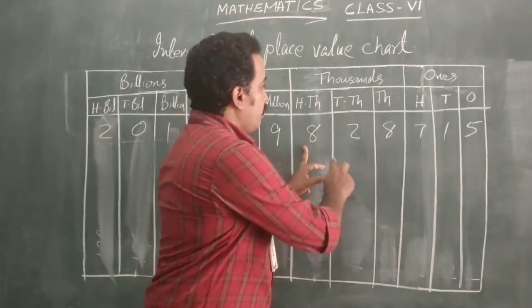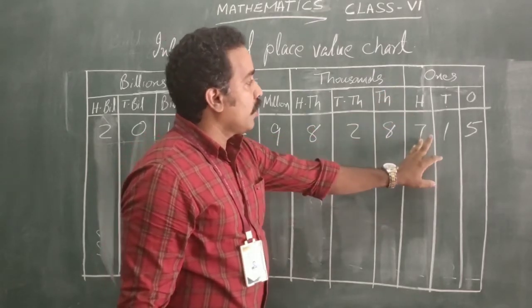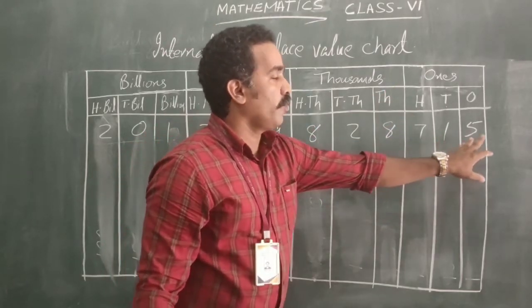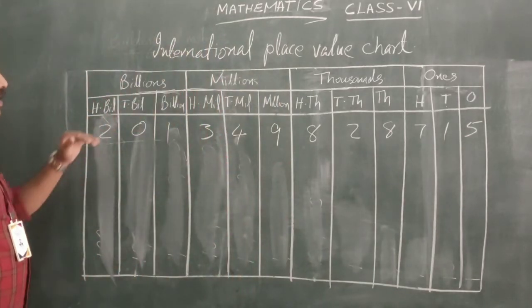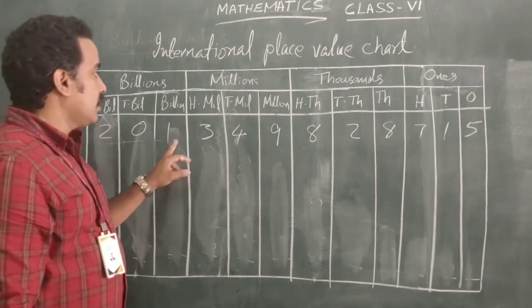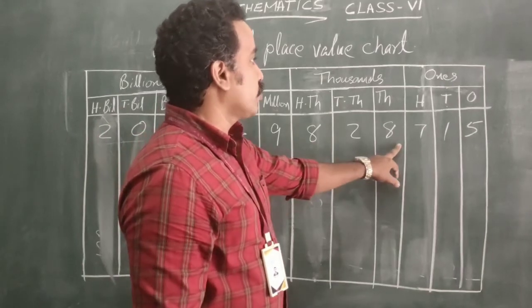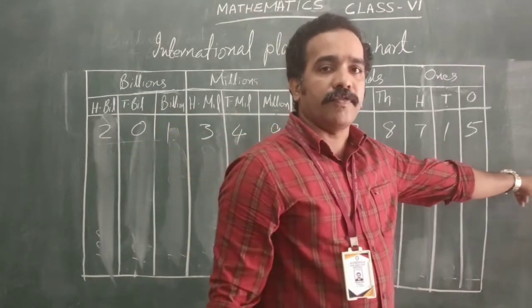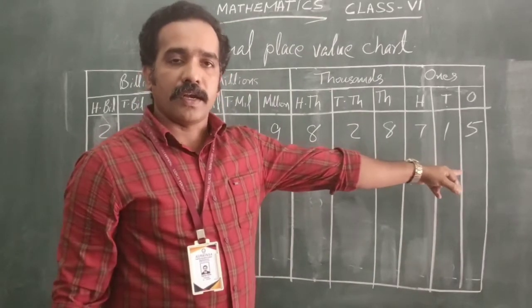And thousands group, 828,715. So this number can be read using the international place value system: 201 billion, 349 million, 828,715. That is the number name of this 12 digit number.